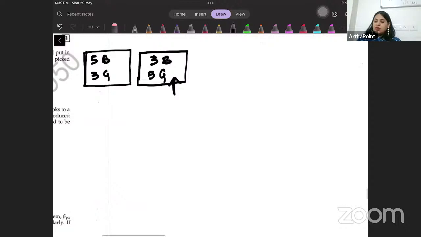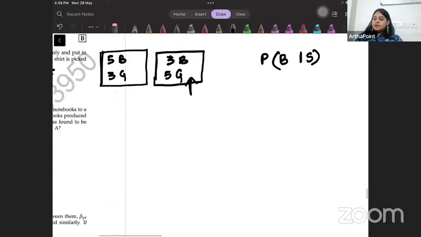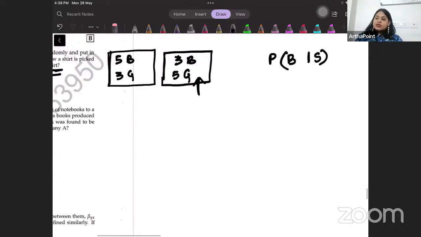So given it is the second box, I need to find the probability of it being black. Okay. Now just think about it, understand very carefully. See, I could have transferred a black shirt here. So case 1.